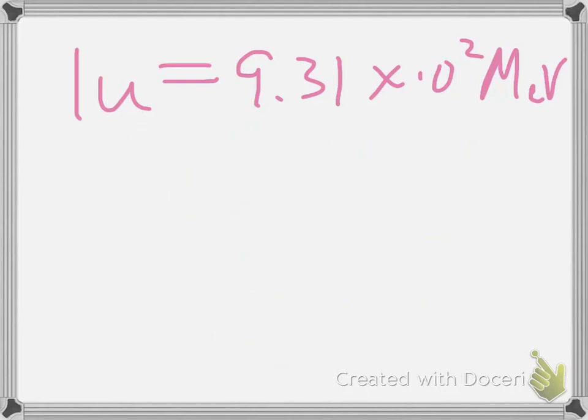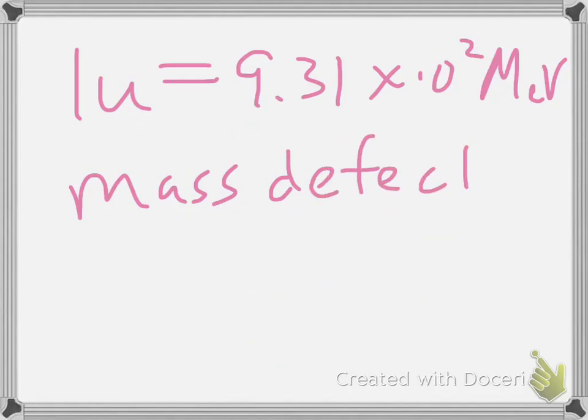Now, there's also something called binding energy or mass defect. Okay. The mass defect comes about if we take the mass of individual subatomic particles. So let's say we have 2 protons here and 2 neutrons.